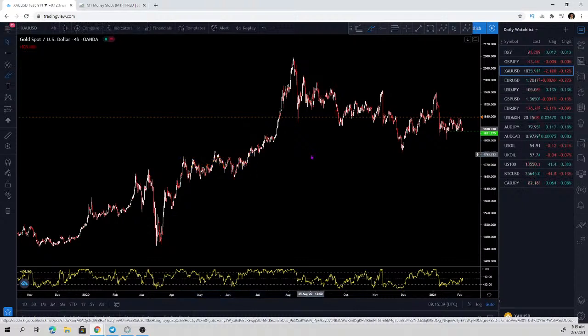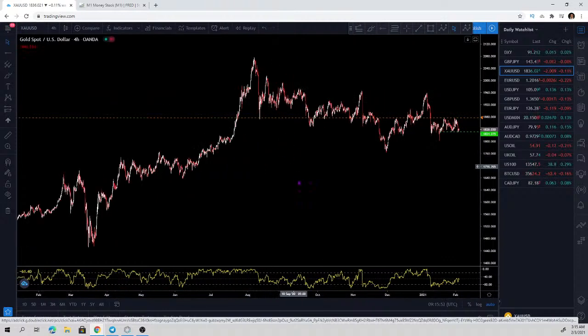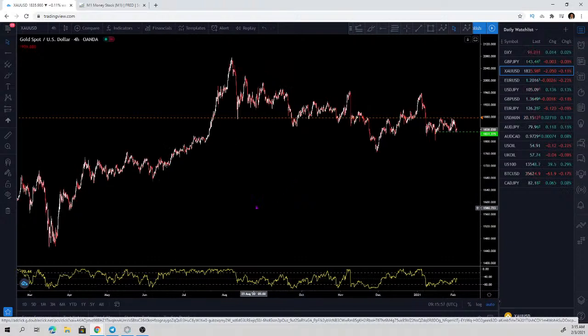But because I knew what was happening with gold, I was only looking for buys. And actually, to me, this breakout and this retest was one of the best trades that I took last year, and one of the best trades that I have taken in my career. But that's another story again.